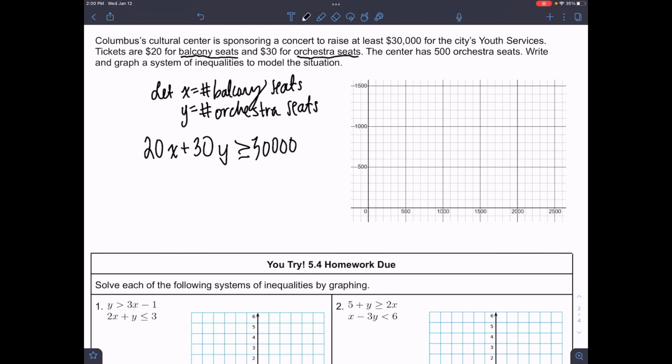You multiply the balcony seats by 20, the orchestra seats by 30, add them up, and you get the total amount of money that you raised. Okay. This other inequality says that the orchestra seats are limited. There's only 500. Which means that Y, the orchestra seats, can only be as large as 500. It has to be equal to that or less.